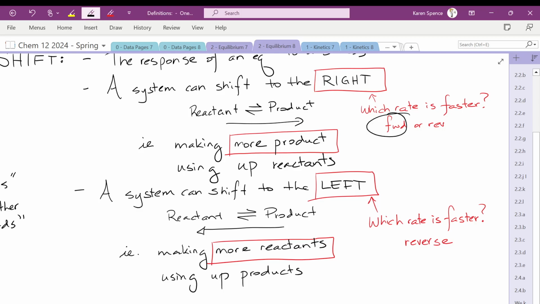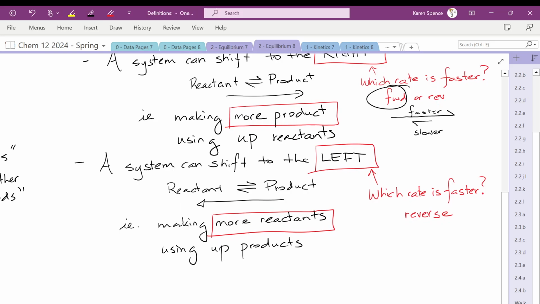And you can show using the equilibrium arrows that the forward rate is faster than the reverse rate by showing the size of the arrows as being different. And if we're shifting to the left, then the reverse rate is faster.